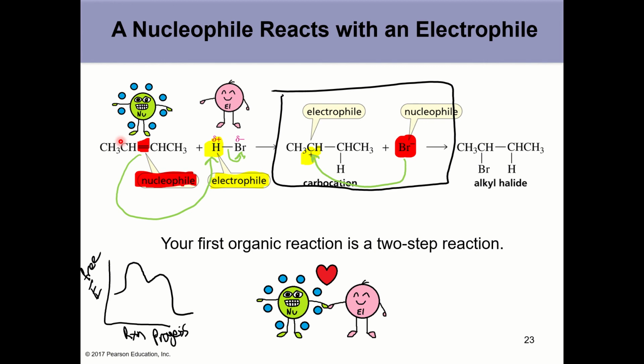So in the beginning, looking at our first reaction, we have 2-butene with our nucleophile highlighted in red, the pi bond, and our first electrophile highlighted in yellow, the hydrogen atom, which has a partial positive charge when bonded to bromine.